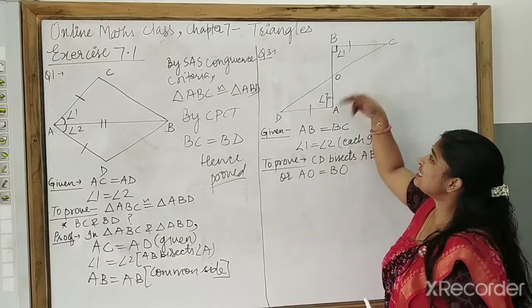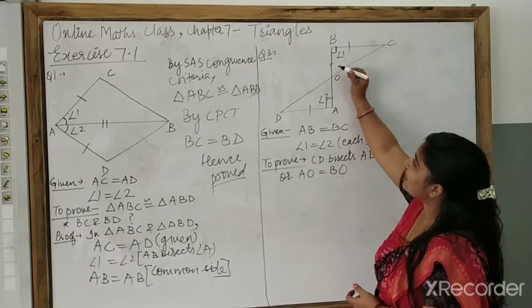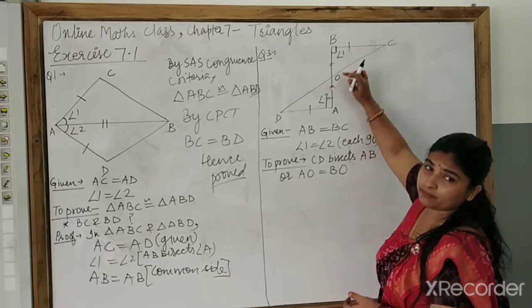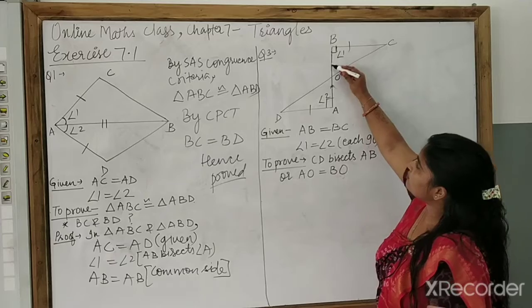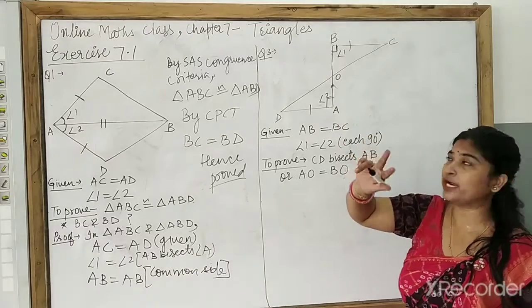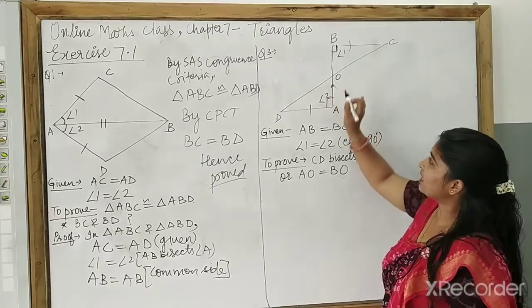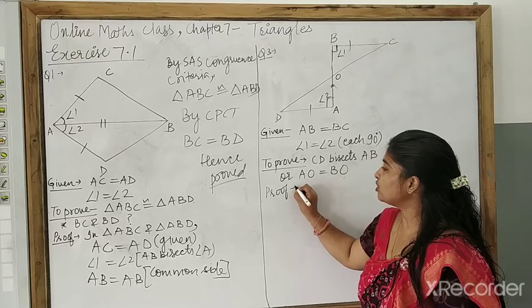If I am saying CD bisects AB, it means I have to prove this one is equal to this one. So I have to prove these two equal. Can you see that here we can easily see two triangles, this one triangle and this one triangle. Before starting with the proof, I will take both the triangles.